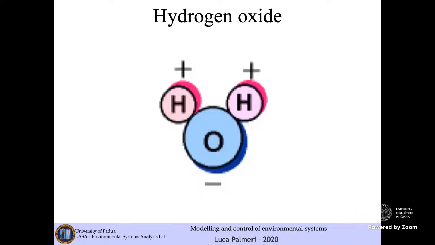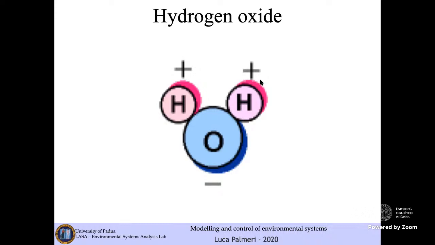This is a very dipolar molecule. Water is a very dipolar molecule. We may describe the dipole by observing that the oxygen contains the largest part of the negative charge of the molecule, while the hydrogen contains the largest part of the positive charges.